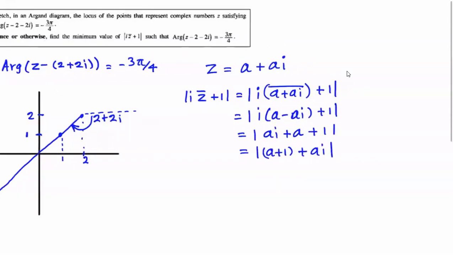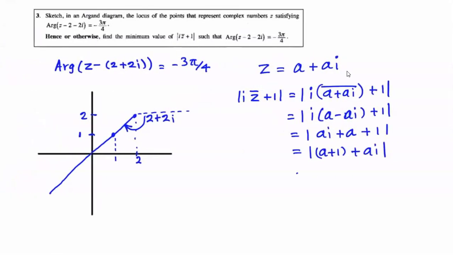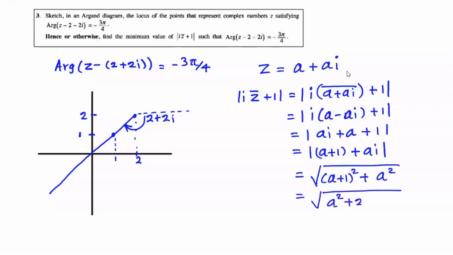And this should be equal to the square root of the square of a plus 1, plus a squared. A little simplification gives us a squared plus 2a plus 1 plus a squared, which is equal to 2a squared plus 2a.